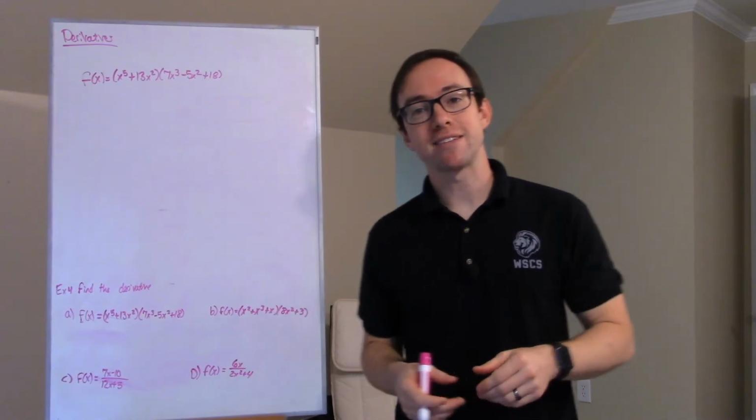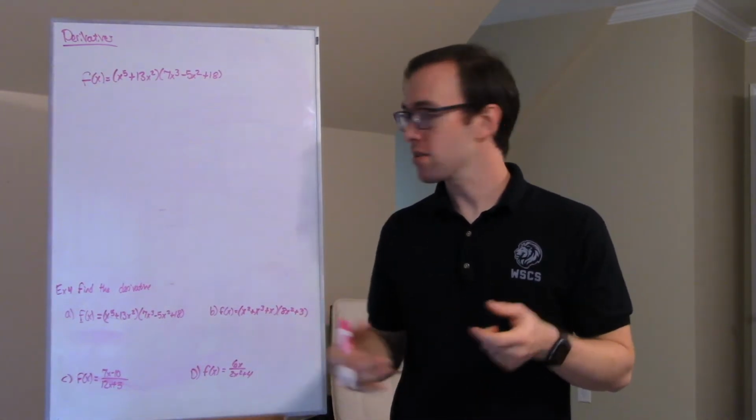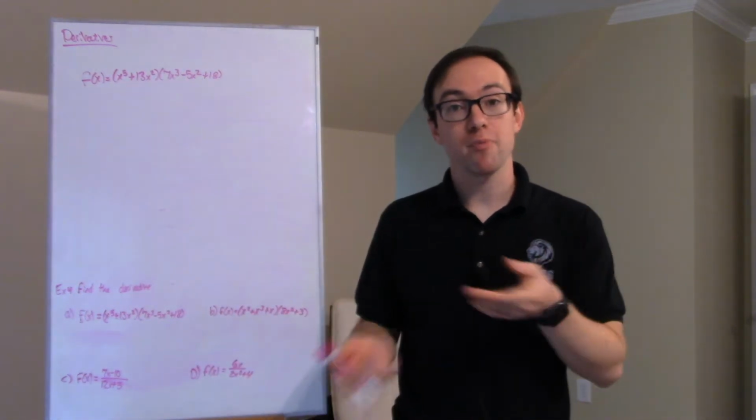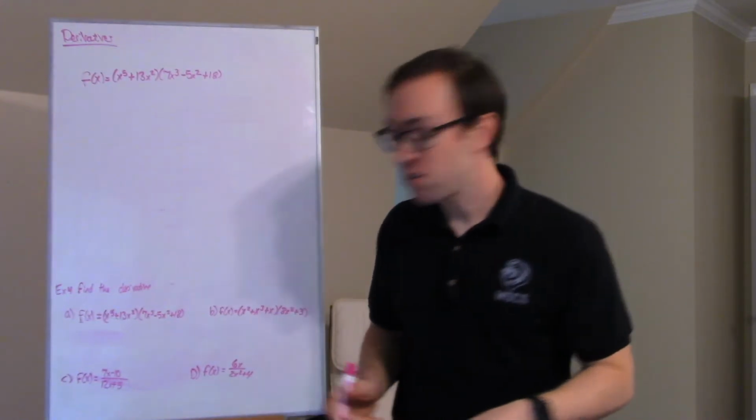What I like to do in these cases, since we're going to be utilizing derivatives and pieces like that, is I'll start up here and I'm going to write it out just like the formula is.